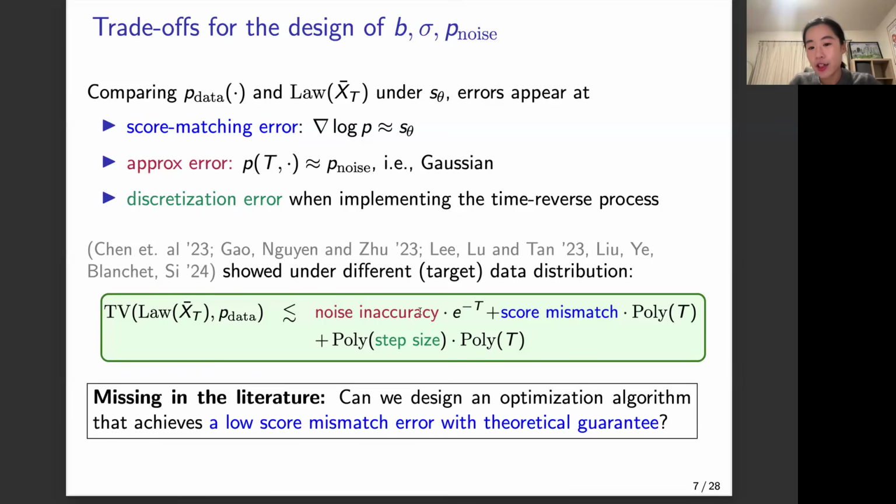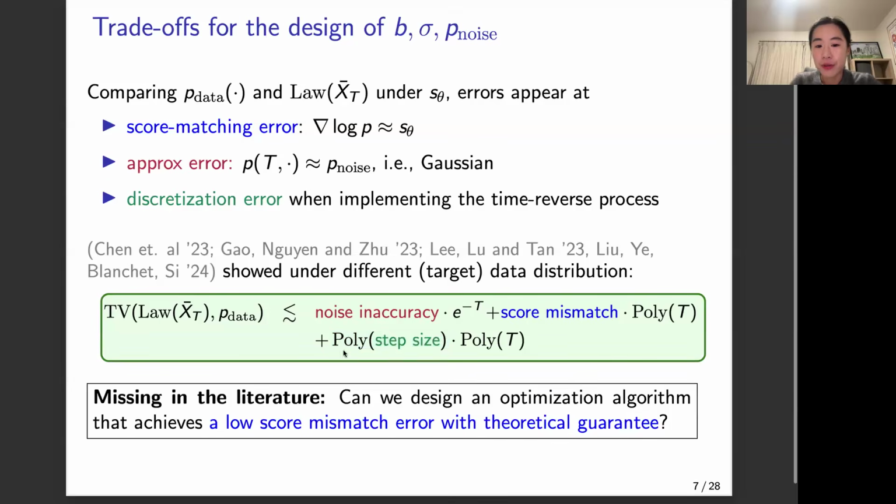Because for the first part, the noise inaccuracy, when we replace PT by a high-dimensional Gaussian, we see that this decays exponentially fast as long as we specify a good class of forward process. And in terms of the error dependence on the discretization, this is a well-studied subject in numerical SDE.